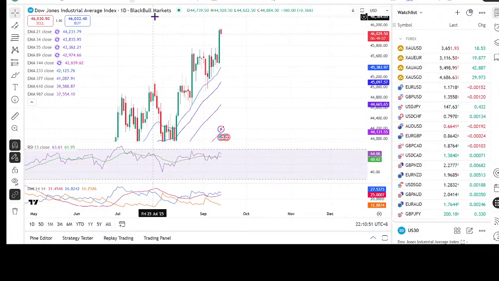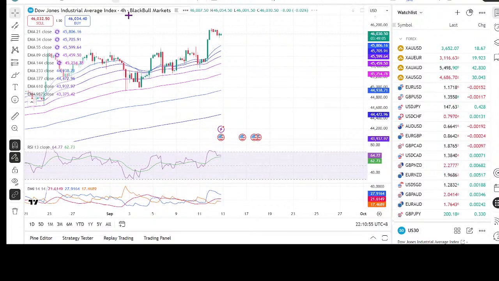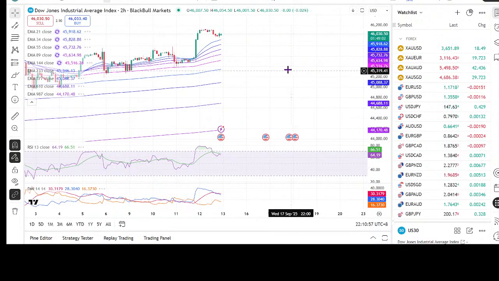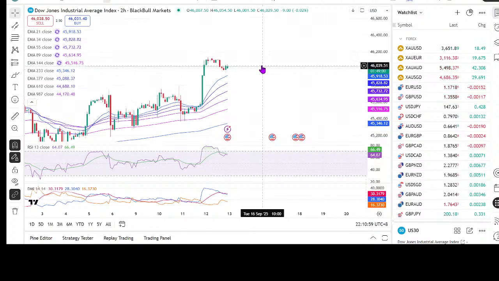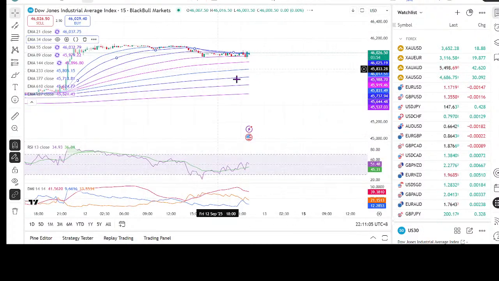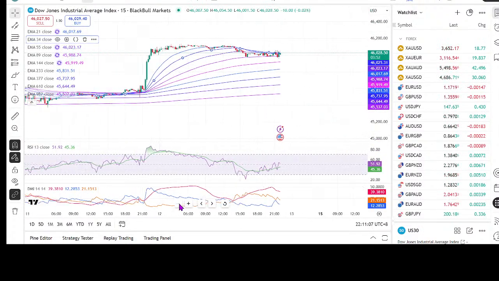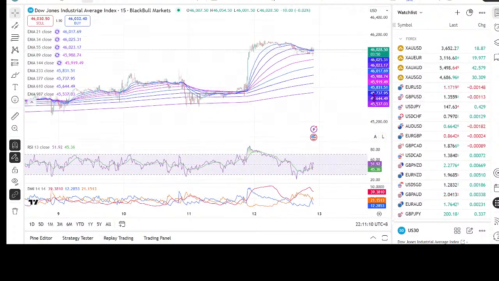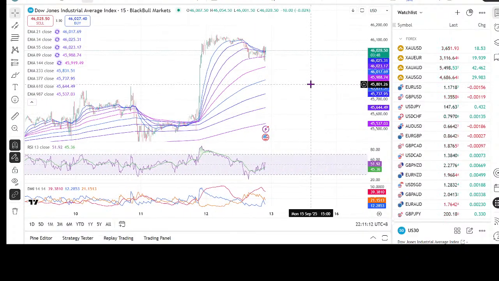Now when we look into the 2 hours and 4 hours, this is just showing the price is having a pullback.